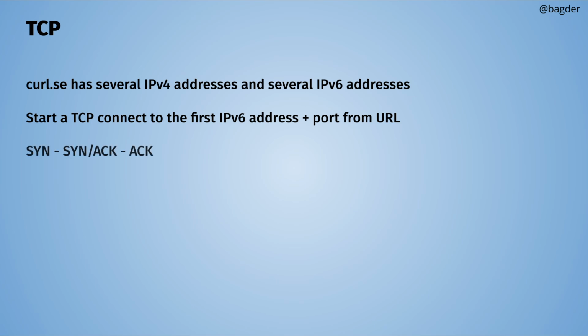And we send this TCP handshake, the SYN-ACK procedure, and if that fails, if the first IPv6 address fails, we can't connect to it, we try the next one in the list. And as I showed you, we have many addresses, so if the first fails, we go to the second and the third, and so on, for every failure.